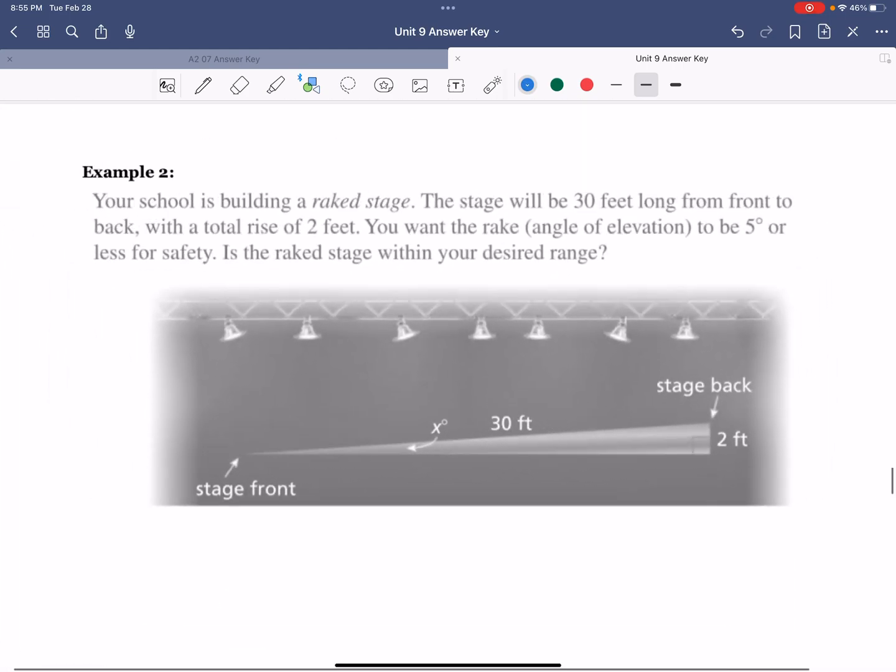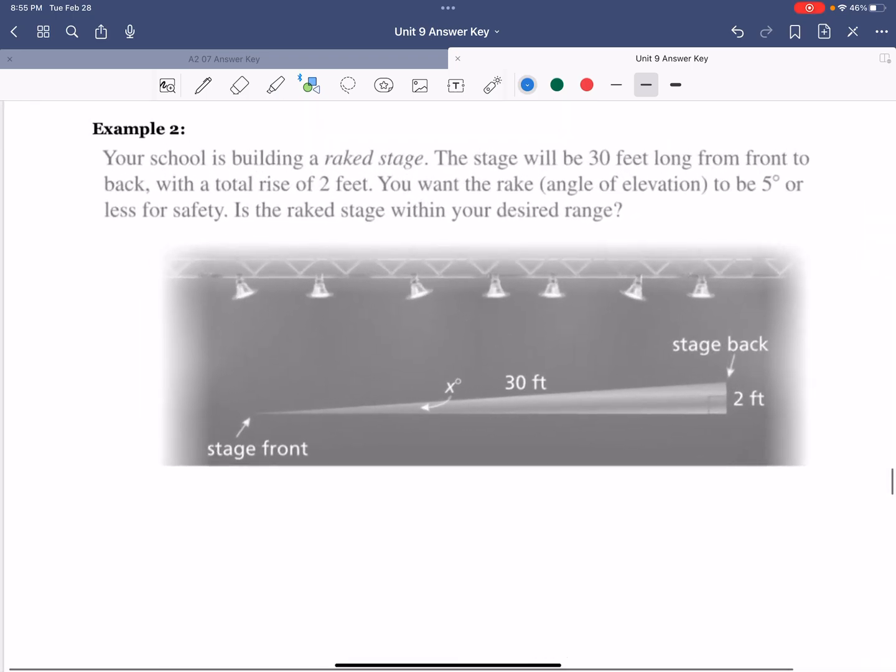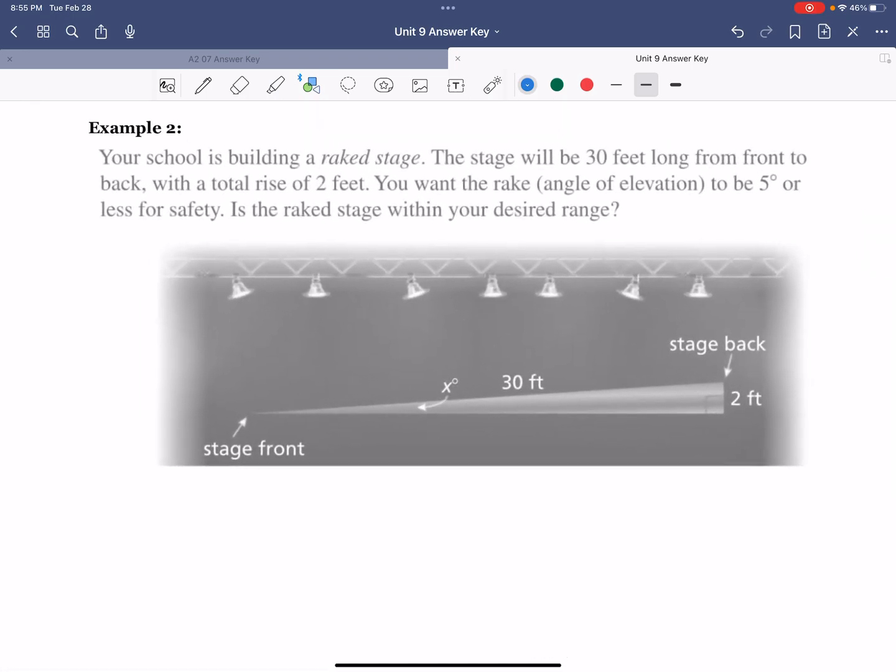Moving on to the next part here, we're going to state that your school is building a raked stage. The stage will be 30 feet long from the front to the back with a total rise of 2 feet. You want the rake, or the angle of elevation, to be 5 degrees or less for safety. Essentially, a raked stage is where I raise the back of the stage so that the audience towards the front can see the performance a little bit better.